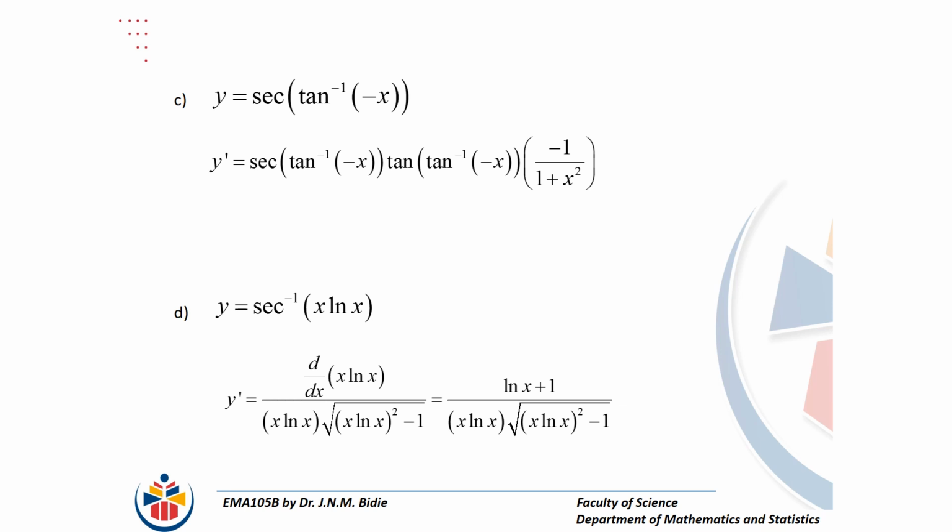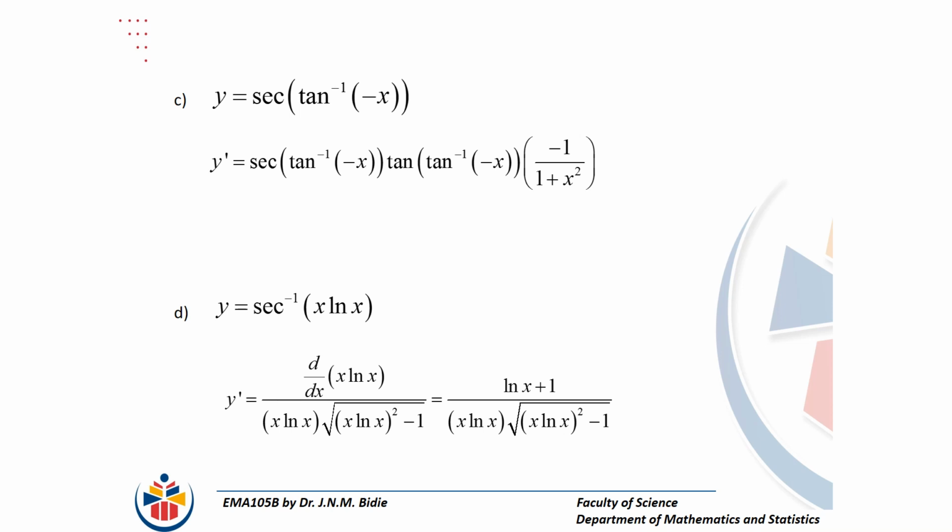I hope you remember that it's going to be f prime of x in the numerator divided by f of x square root of f of x squared minus 1. Or should I say u? If it's u here, it will be the derivative of u with respect to x divided by u square root of u squared minus 1.